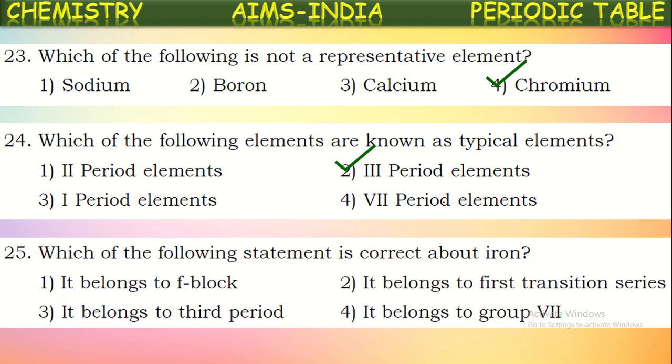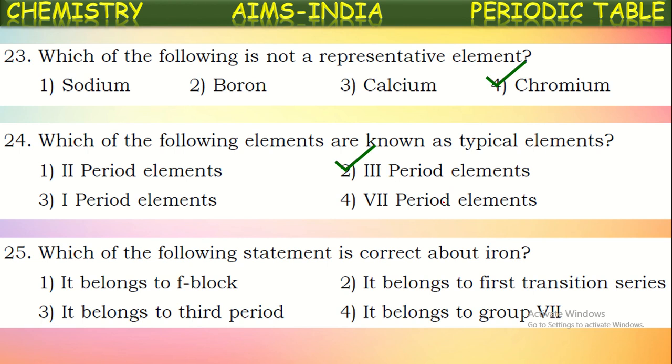Next, which of the following statements is correct about iron? Is it an f block element? No. Does it belong to the transition series? Yes, the first transition series. We said earlier, 3d transition series.